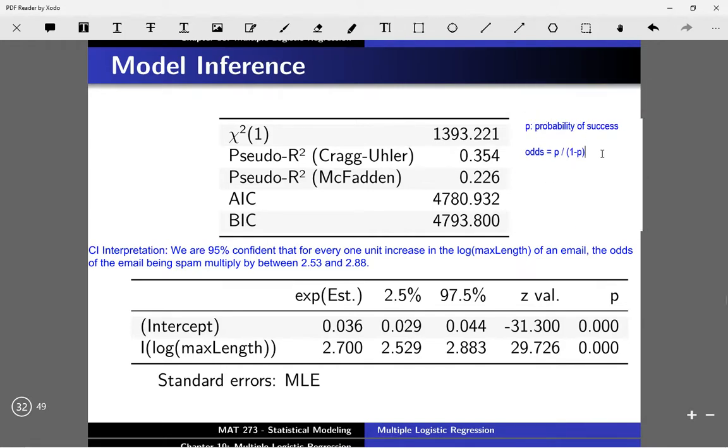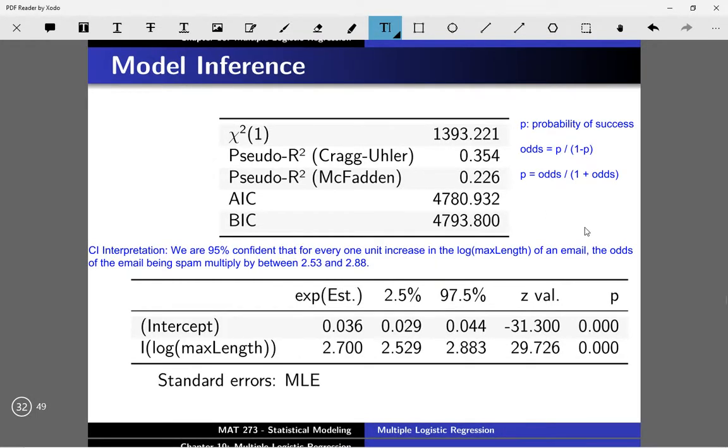Because actually, if we look at the relationship between the two, P equals the odds over 1 plus the odds. If you solve using this equation up here, you would find this relationship holds. So you can see if the odds multiplies by 2, then P kind of multiplies by 2, but it's not exactly.